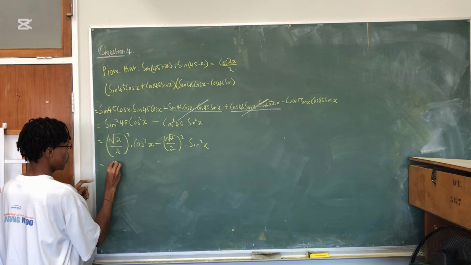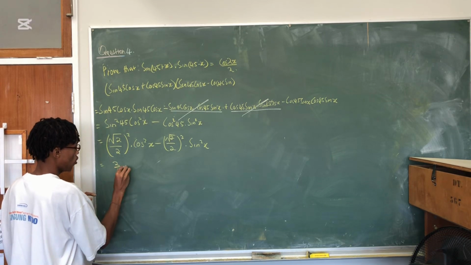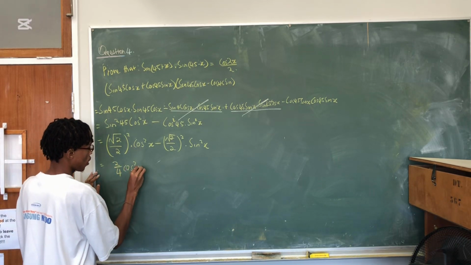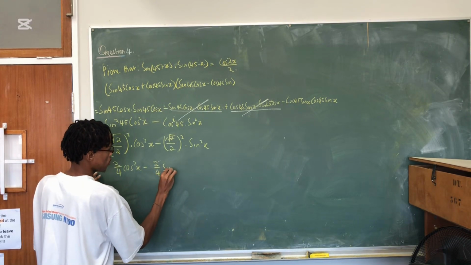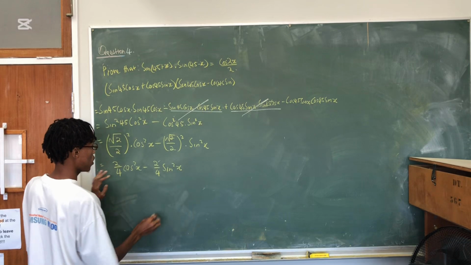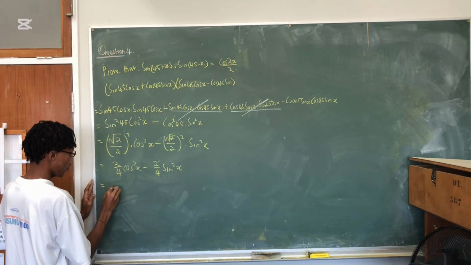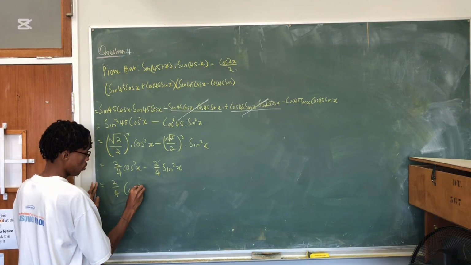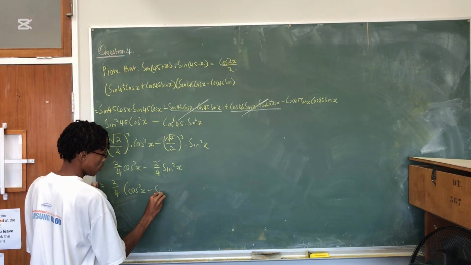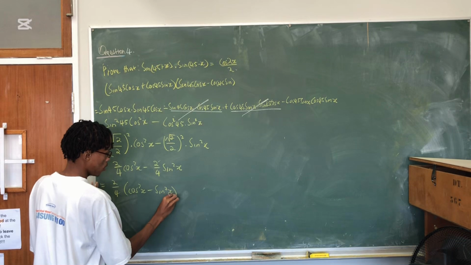This is going to be 2 over 4 cos squared x minus 2 over 4 sine squared x. We take out the common factor, which is 2 over 4. We're left with cos squared x minus sine squared of x.